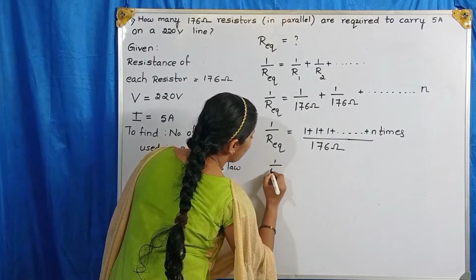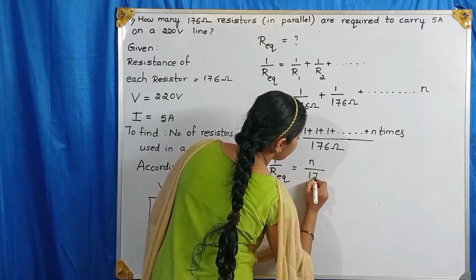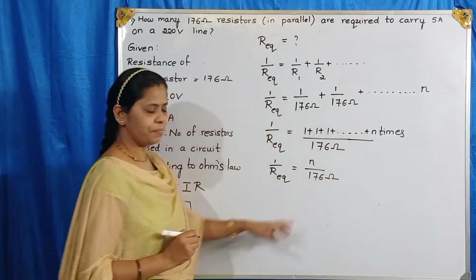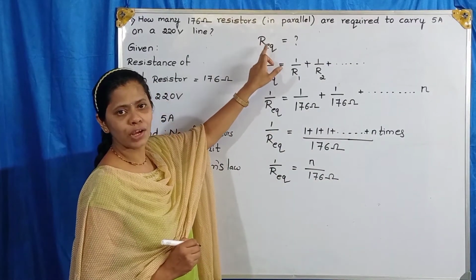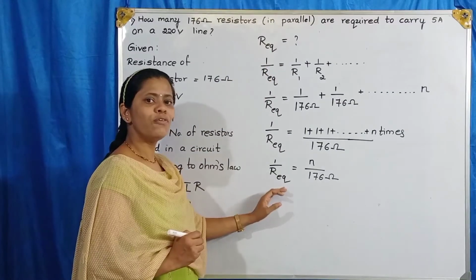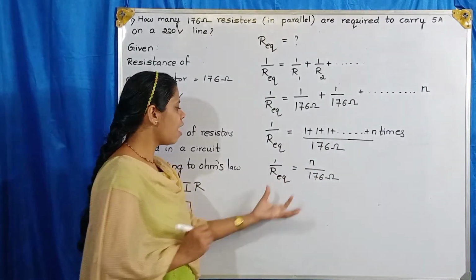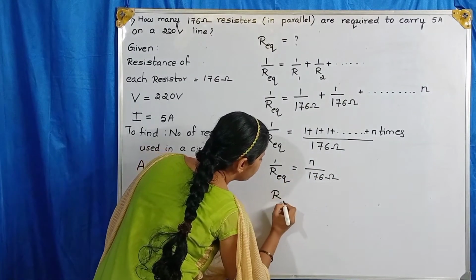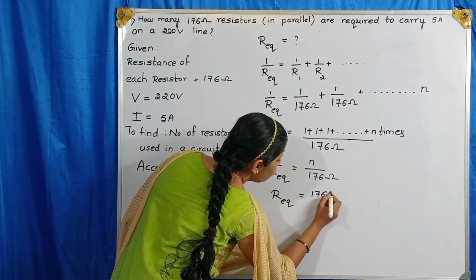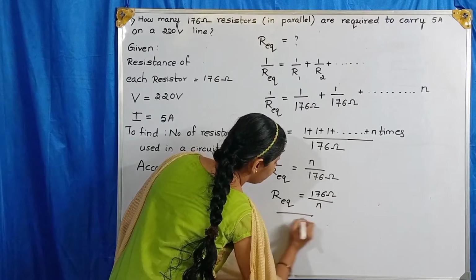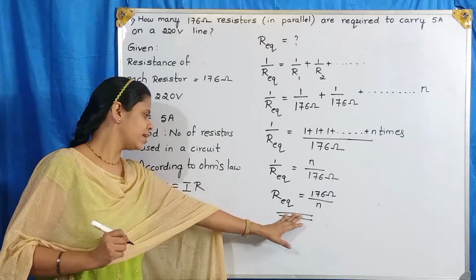Therefore, 1 by R equivalent is equal to n divided by 176 ohm. But our intention is to find out R equivalent. Therefore, we have to take the reciprocal. R equivalent is 176 ohm divided by n. Now, we found the R equivalent.